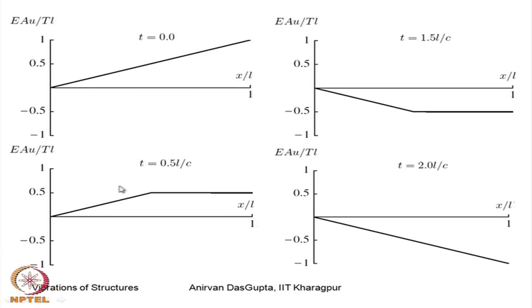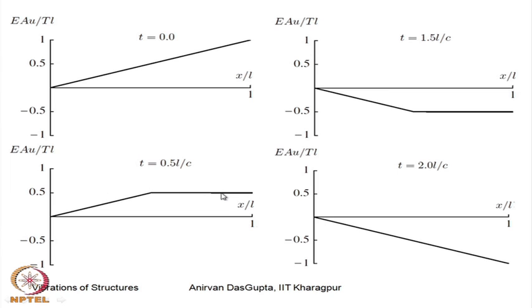As time progresses, at 0.5 L over C, this is the actual displacement profile of the bar. Here it is still linear, the same as it was here. So, you can imagine that this portion of the bar does not know as yet that this end has been released.